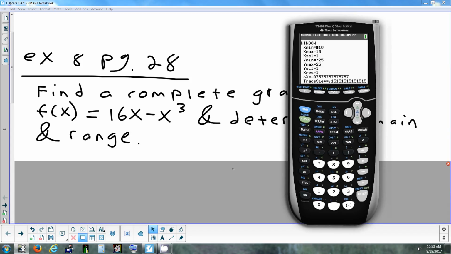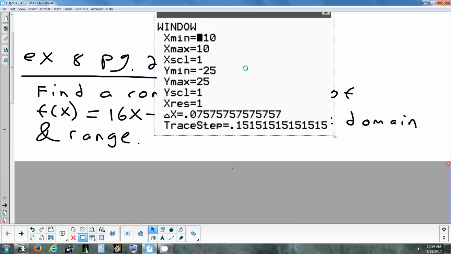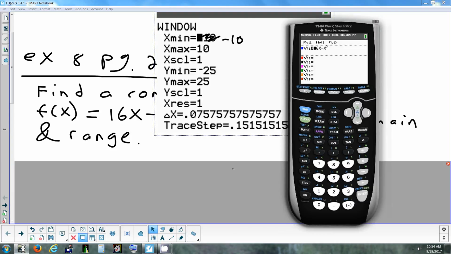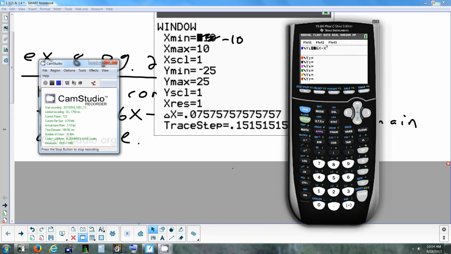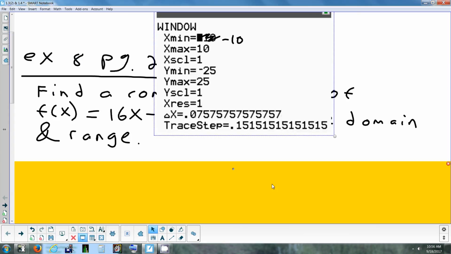All right, and you typed that in for your window? For that, and you got, that's a negative 10. And how about, we got our graph 16x minus x cubed? Yeah. All right, let me take a look. Okay, so everybody got that graph now.